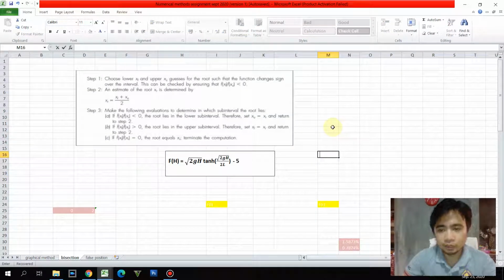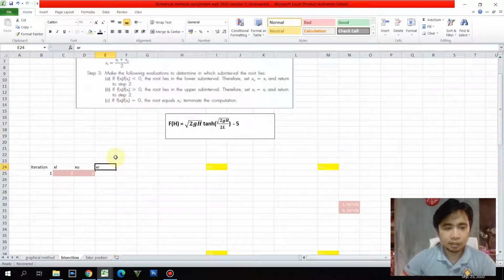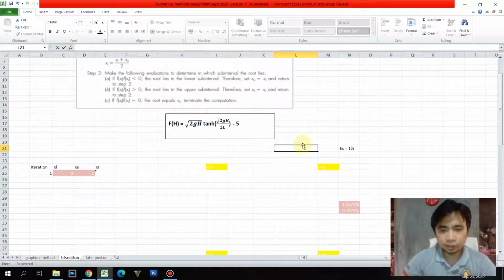Okay, for the bisection method, we have to reflect iteration, the lower limit, the upper limit, and the average. So here we are going to have several trials in order to come up with a function of xr wherein our estimated error is 1%. So we note here that we do not have any given true value.